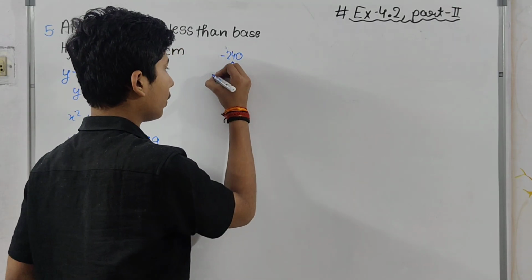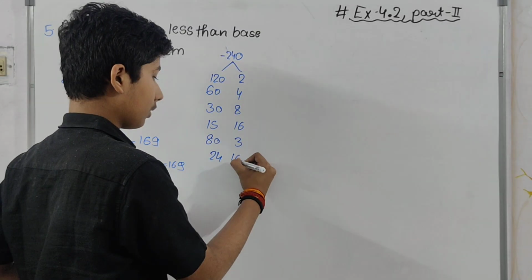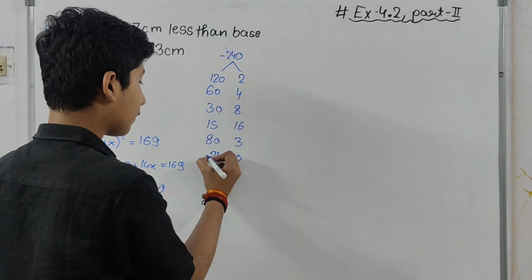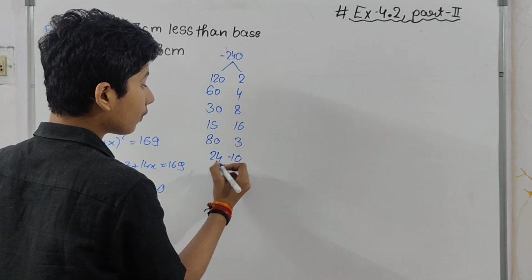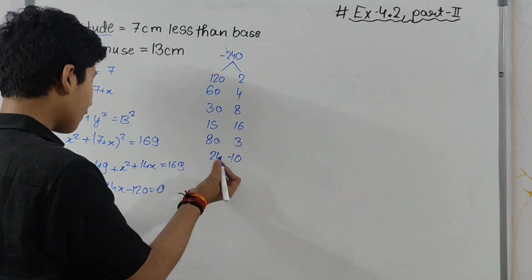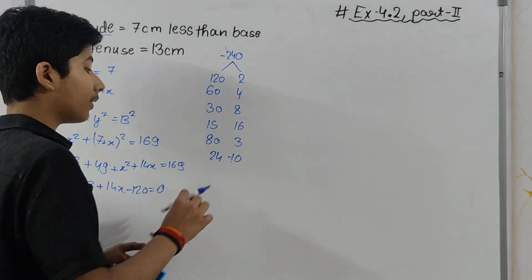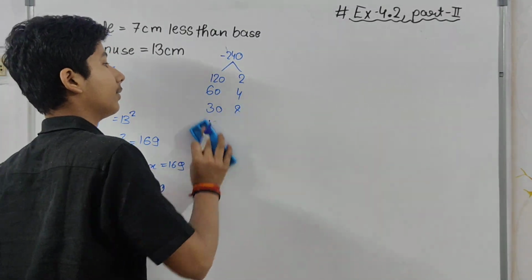So the factors can be 120 into 2, 60. Yes, so you can see this factor: plus 24 minus 10x. When we multiply them it becomes minus 240 and when we add them it becomes 14. So yes, we have found the perfect pair, which is 24 and minus 10.